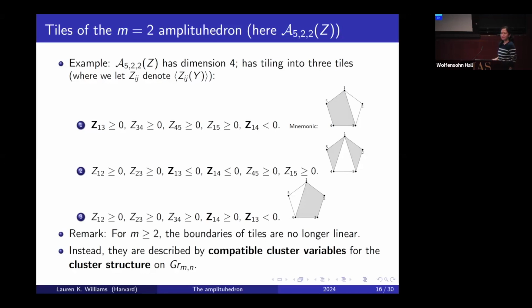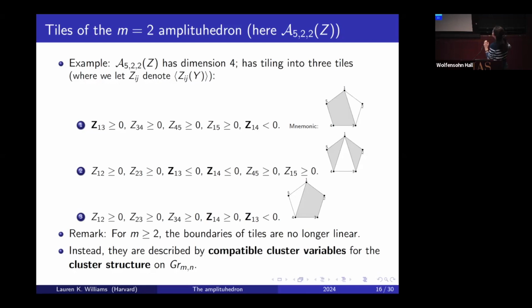Why are some of those bold and not bold? I bolded them to show boundaries between tiles. Our tiles are 4-dimensional pieces, so you shouldn't think that this is a picture of the tile, because this is 2-dimensional, not 4-dimensional. It's just a mnemonic.